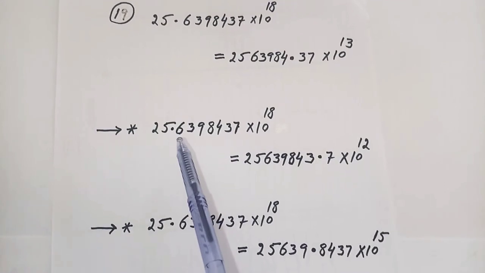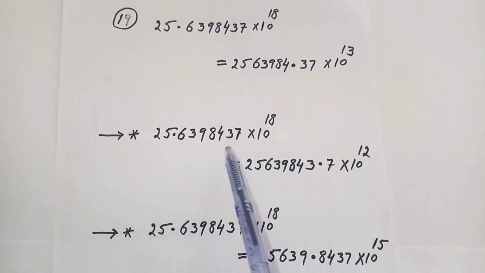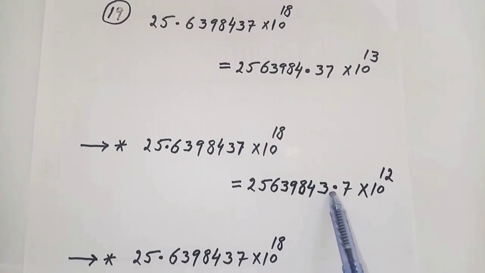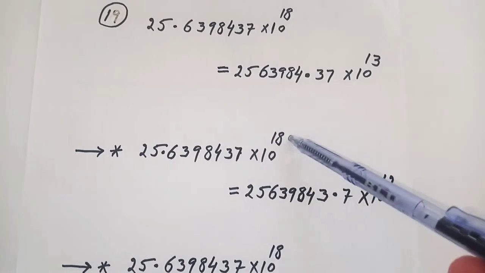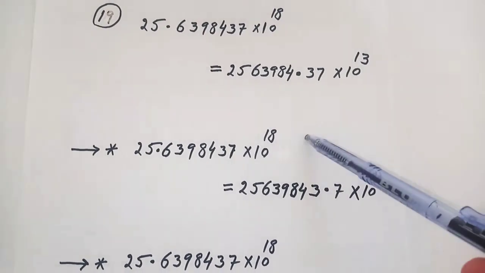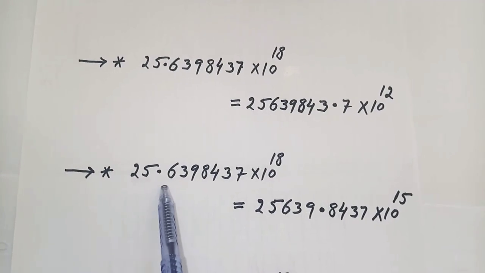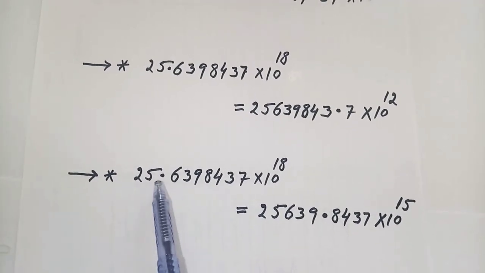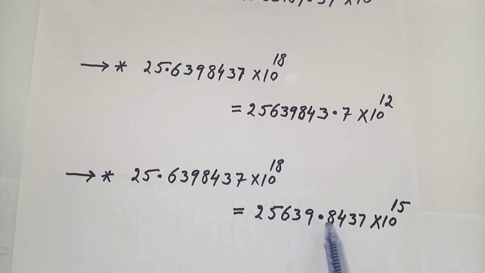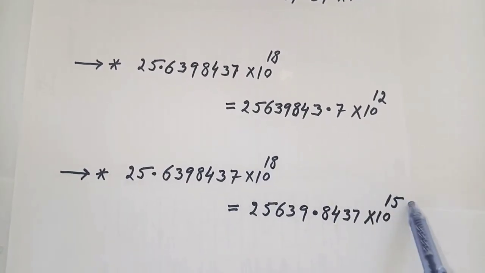And if we shift this point through 6 digits from this point to this point, then this power will decrease by 6, that is 12, 18 to 12. And if we shift this point through 3 digits from this point to this point, then this power will decrease by 3, that is from 18 to 15.